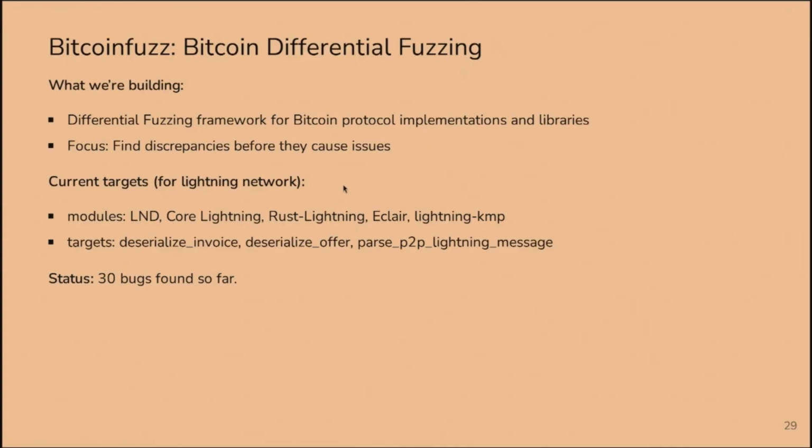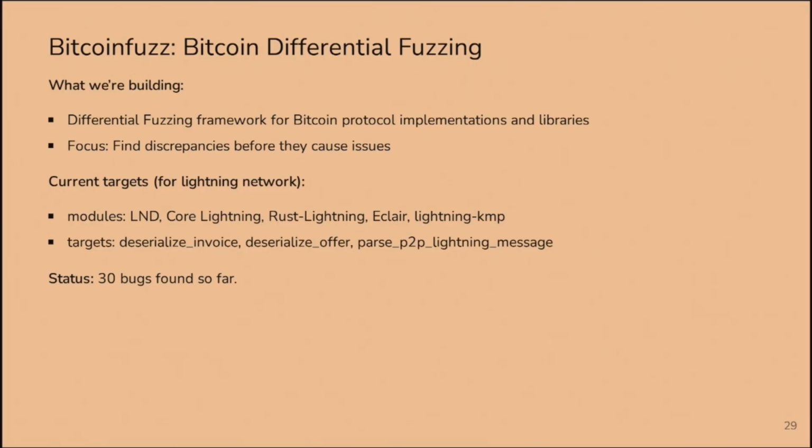So we have LND, Core Lightning, Rust Lightning, Eclair, and Lightning KMP, and we have some targets for these implementations: deserialize invoice, deserialize offer, and parse P2P Lightning message. Deserialize invoice basically receives a bolt 11 invoice and parses it, then compares the outputs to see if they parsed it the same way and took the same data from the invoice.